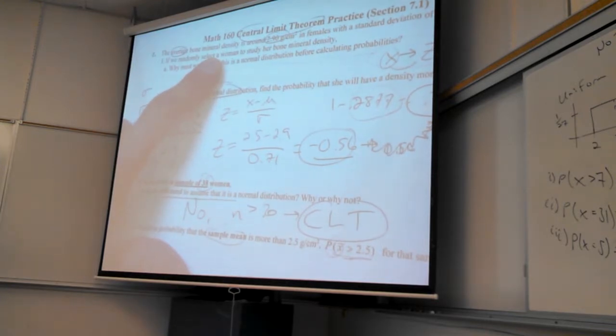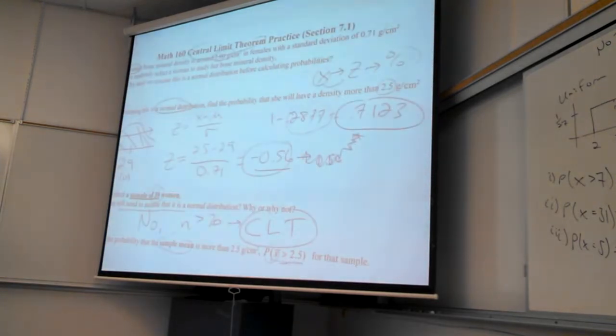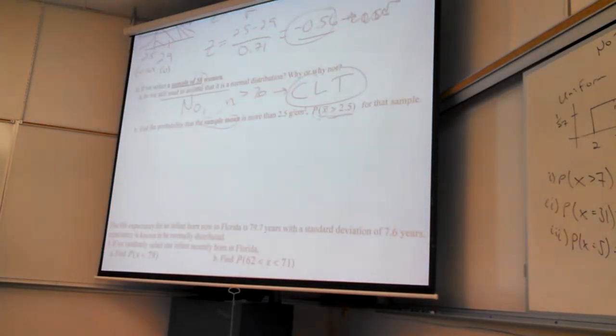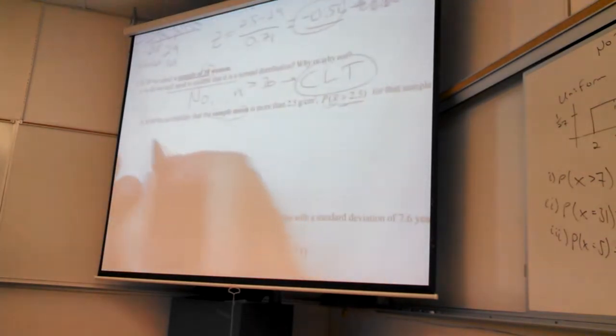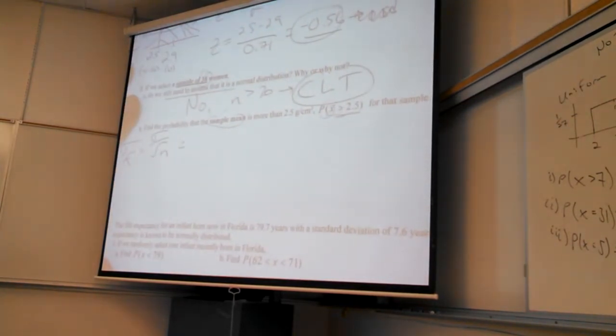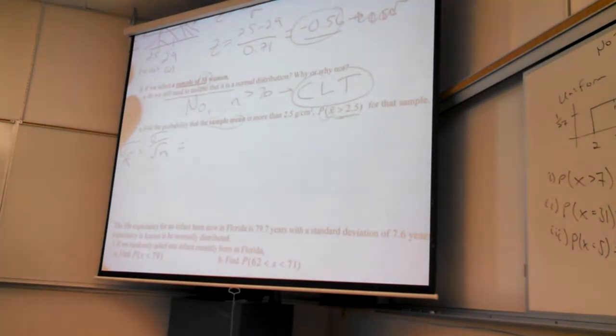That is an individual person. That is how spread out individual women are. Now I'm talking about a group of 38 women. I have to know how spread out all groups of 38 women are. That's what I get when I do this. So I got to change the standard deviation first, and then everything's the same.